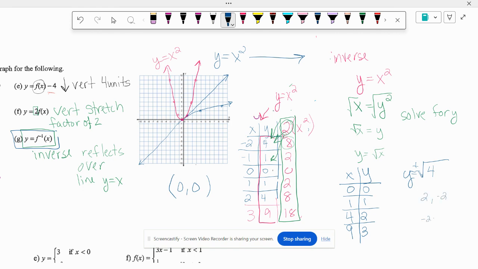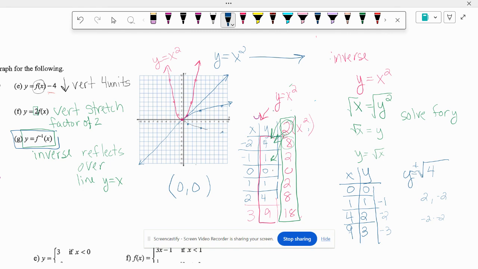Because negative 2 times negative 2 equals 4. So when you think about these answers here, you could also have when x is 1, y is negative 1. When x is 4, the square root of 4 could be a positive or a negative, the plus or the minus root. When x is 9, I have the positive or the negative. So when x is 1, I could have an output of negative 1, 4, negative 2, and 9, negative 3.